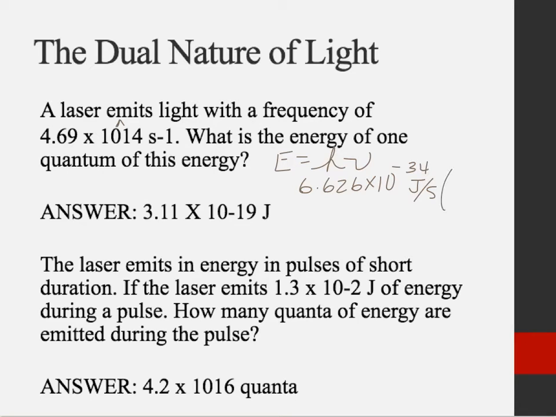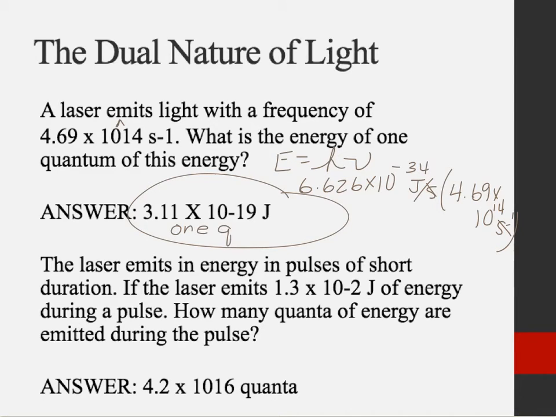And we multiply that by the frequency, which is 4.69 times 10 to the 14th seconds to the minus 1. That's going to give us an energy value equal to 3.11 times 10 to the negative 19 joules, because our seconds are going to cancel. That is the energy of one quantum.